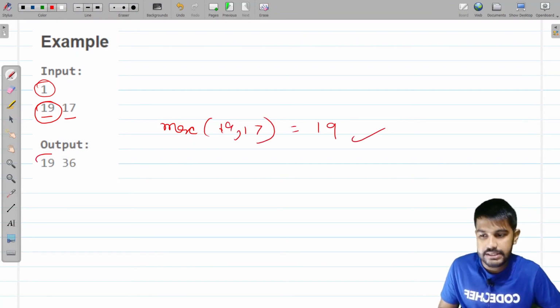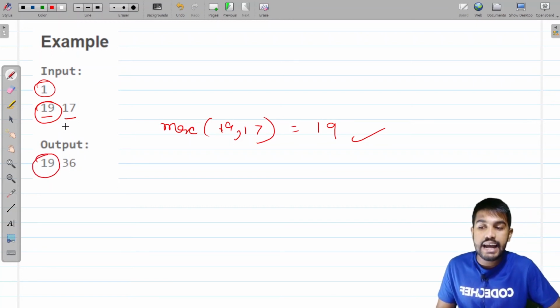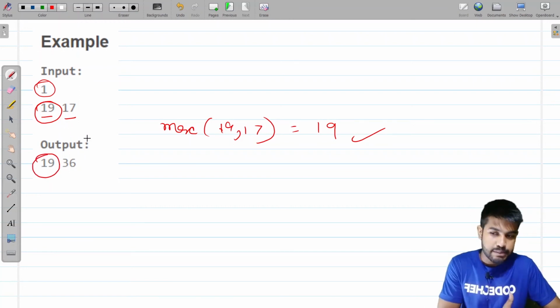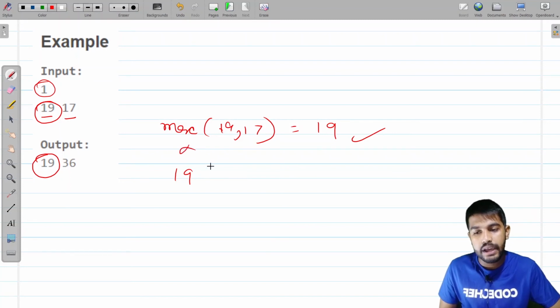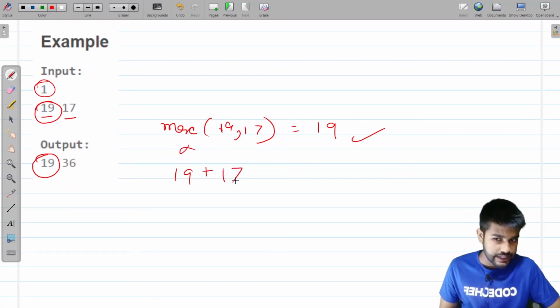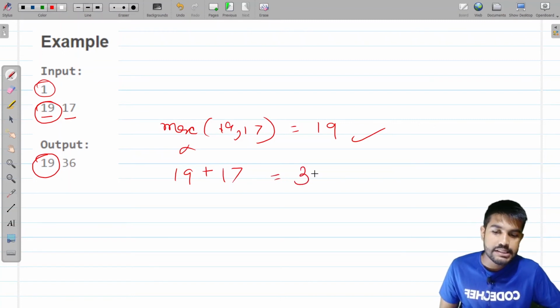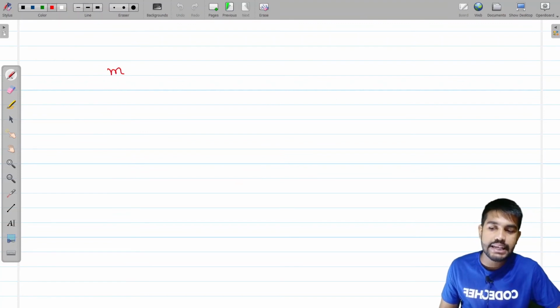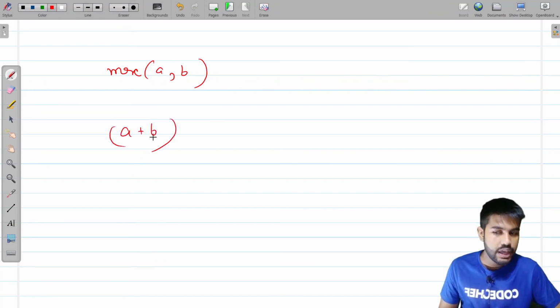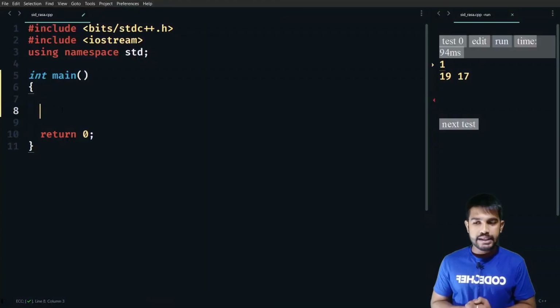Next we need to report the maximum. At first guard 1 counted 19 while the other one was sleeping. Now he is sleeping and the second one counted 17. So 19 plus 17 is equal to 36, so 36 is our answer. We would simply use the STL max of A and B and the sum of A and B. Now let us implement this.